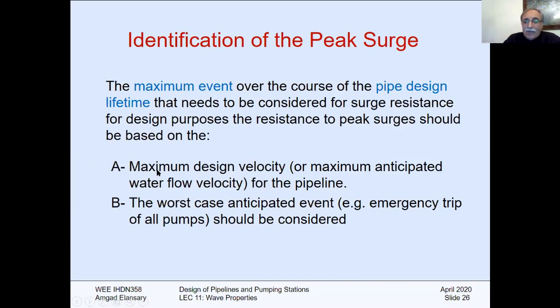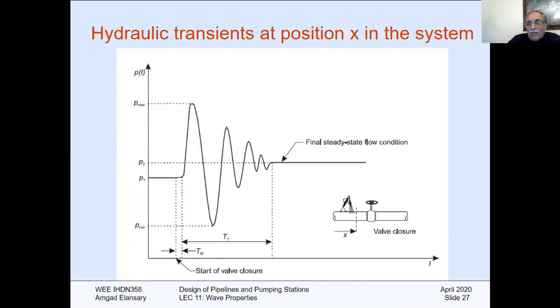Along that, we have two things. First, in the velocity, we have to see what will be the maximum design velocity, or the maximum anticipated water flow velocity along the pipeline. The worst case anticipated event along the pump strip is a power failure, for example. So we need to look for power failure action.